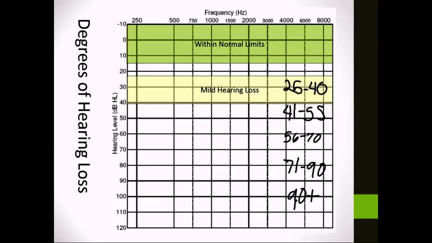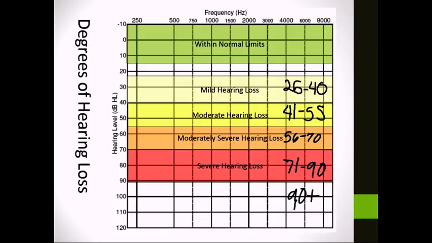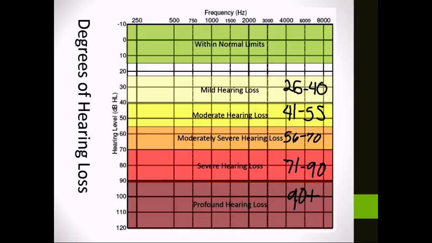So, for the most part, people can agree that 25 to 40 dB is the mild hearing loss range, 41 to 55 is moderate, 56 to 70 is the moderately severe hearing loss range, 71 to 90 dB is severe hearing loss, and anything above 90 dB HL is a profound hearing loss.